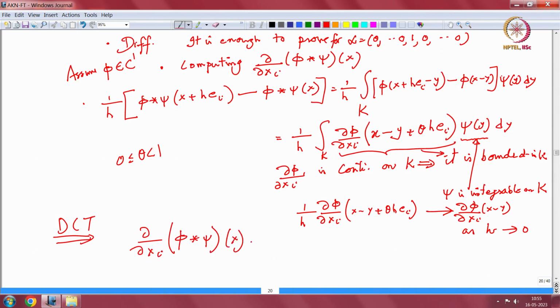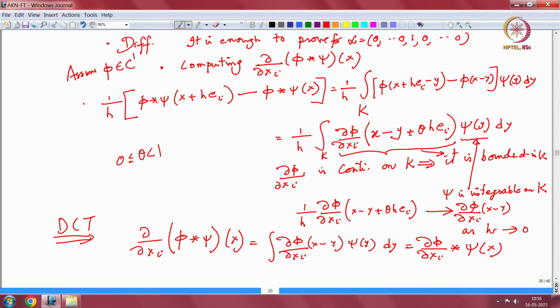On the right side it converges precisely to the integral of d phi by dxi at x minus y, psi of y dy, and that is nothing but d phi by dxi convolved with psi at x, okay.